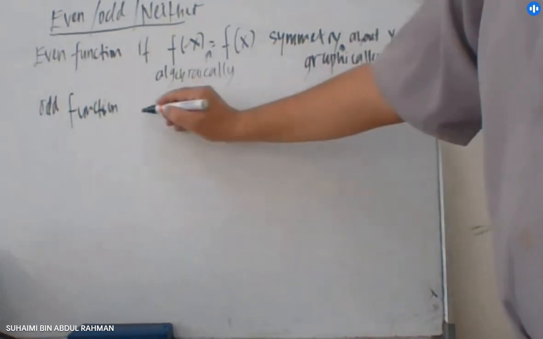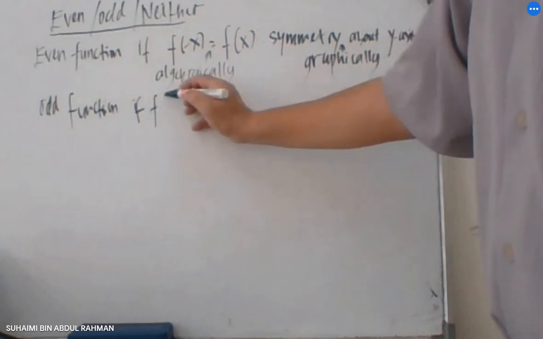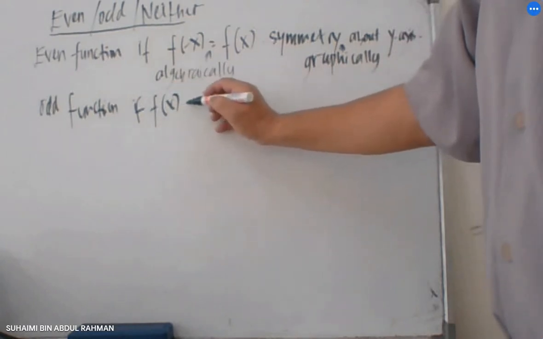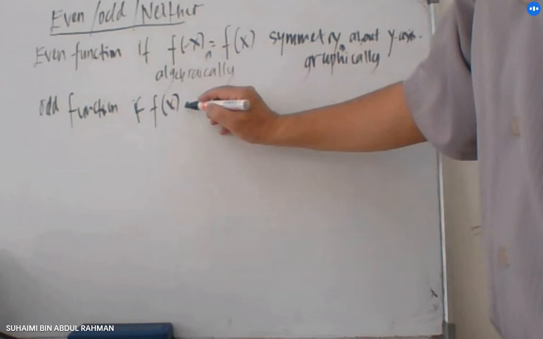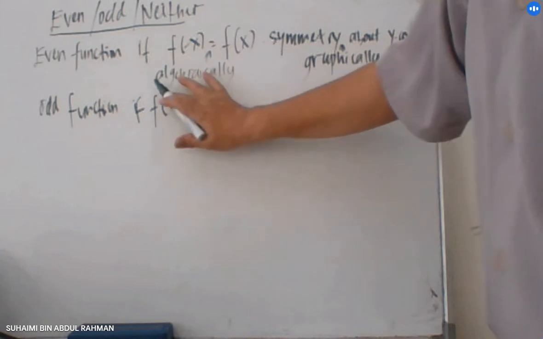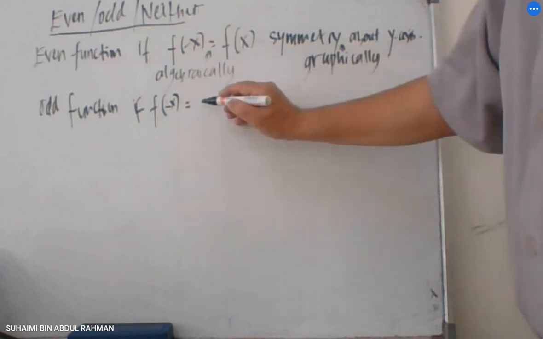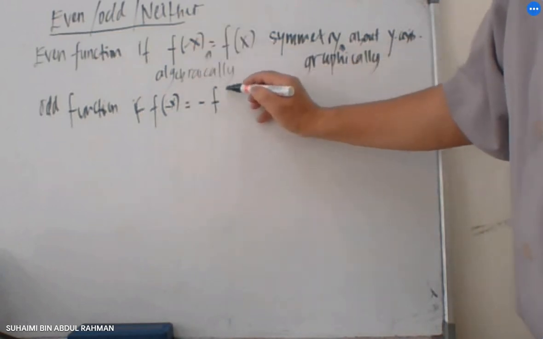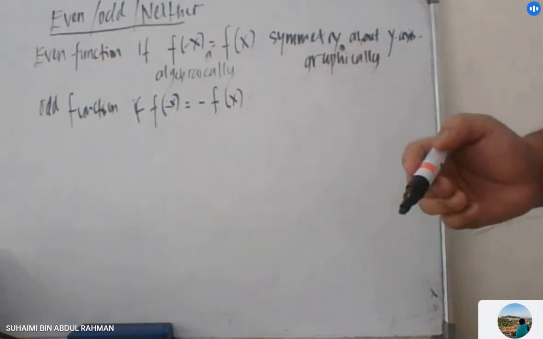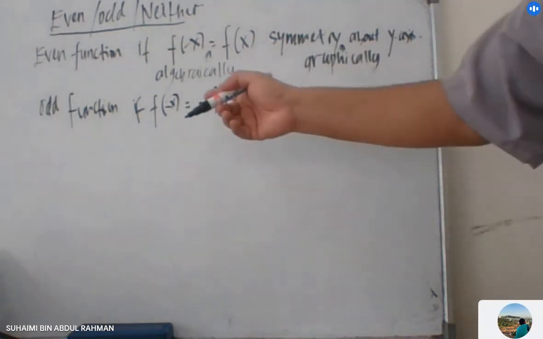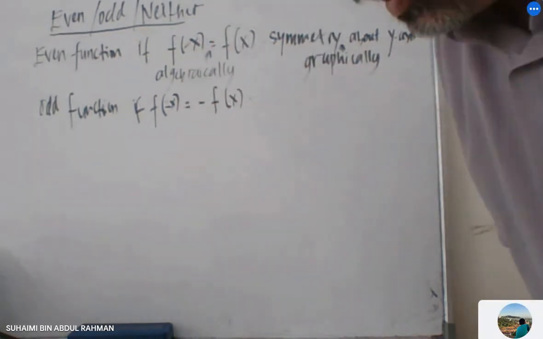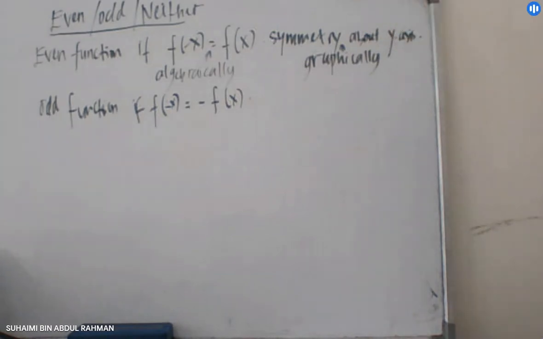Odd function happen when f minus x, when we substitute with minus x, is equal to minus of fx.